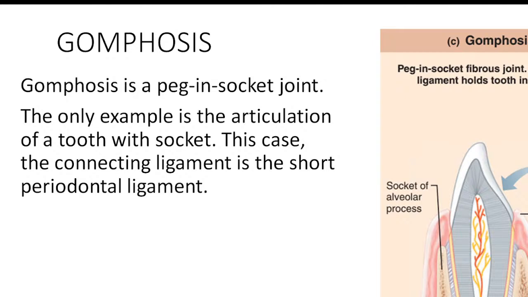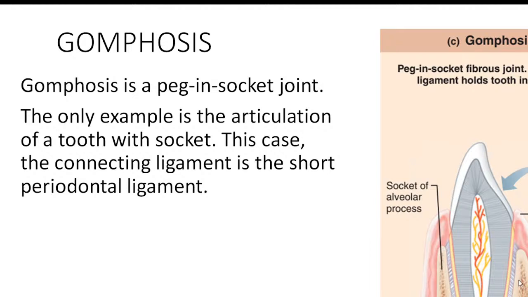Gomphosis is a peg-in-socket joint. The only example is the articulation of the tooth with its socket. In this case, the connective ligament is a short periodontal ligament. What do you see?